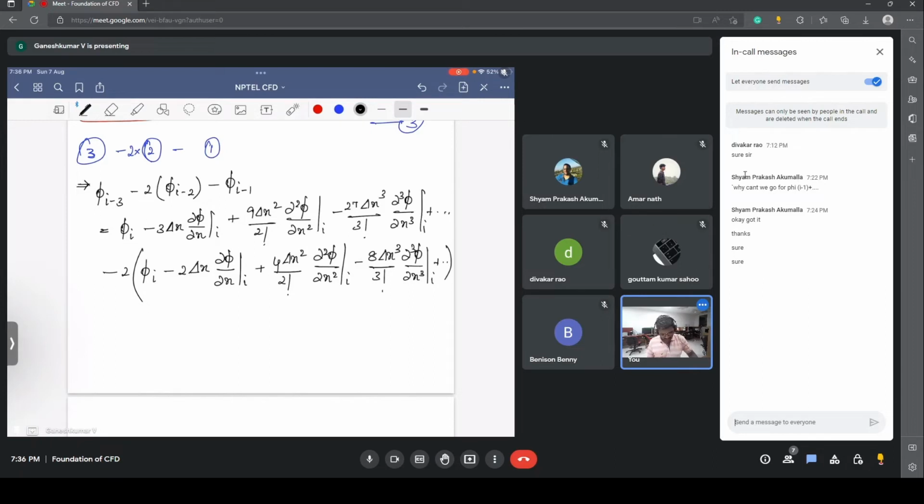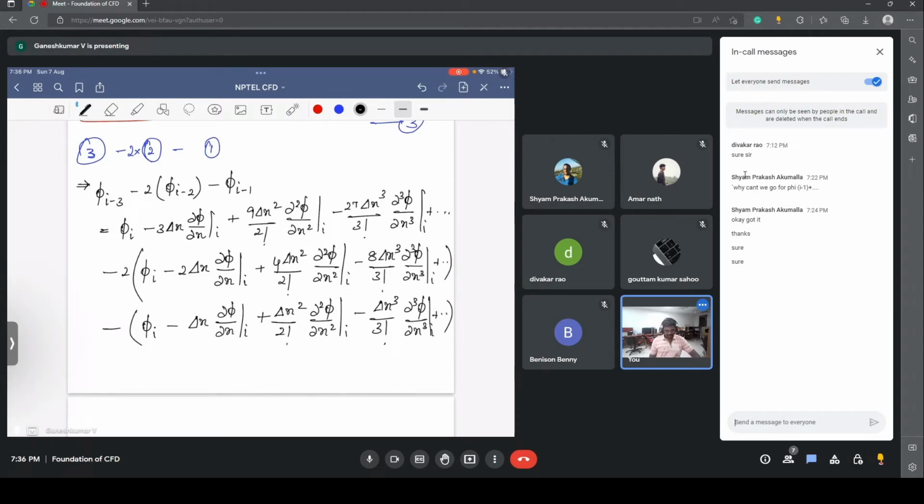Okay. Now minus the first equation. First equation is phi i minus delta x dou phi by dou x at i plus delta x square by 2 factorial dou square phi by dou x square at i minus delta x cube by 3 factorial dou cube phi by dou x cube at i plus dot dot dot.